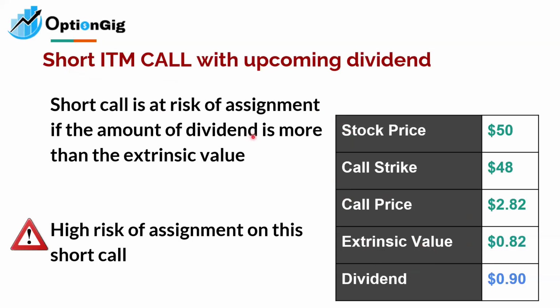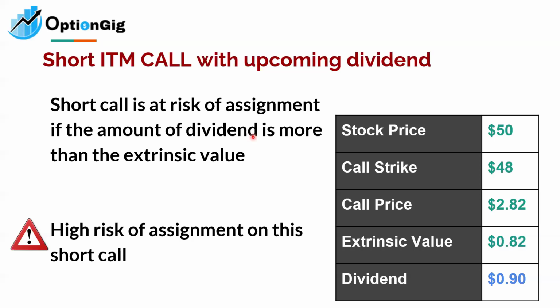I trade a lot of ETFs, those iShares ETFs, and they give dividends regularly. So I have to be aware: okay, I sold these options, it's in the money, should I be worried about assignment or not? I look at what the extrinsic value is. I look at what the dividend is.